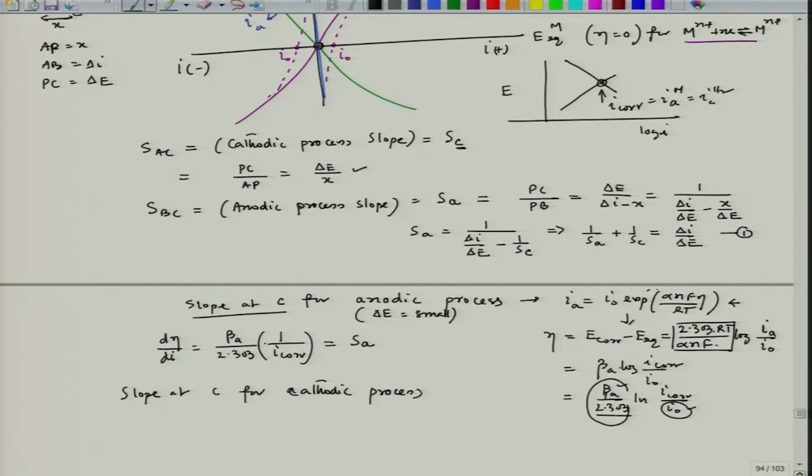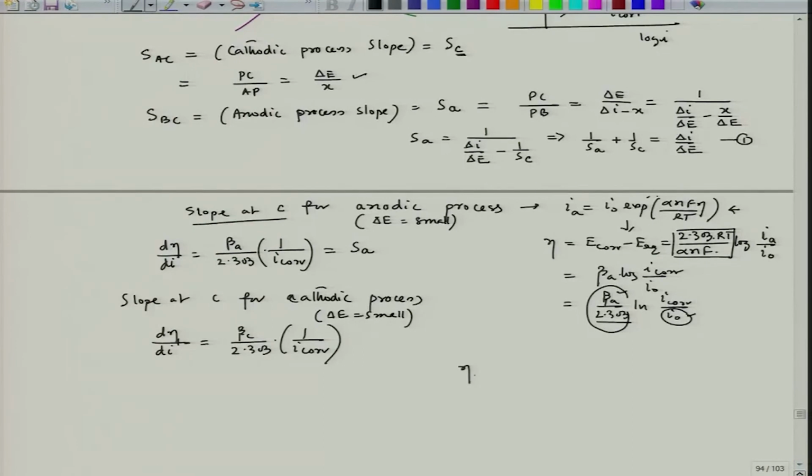At that time dη/di would be equal to βC/(2.303) × 1/Icorr, since ηC would be equal to βC × 2.303 ln(Icorr/I0).